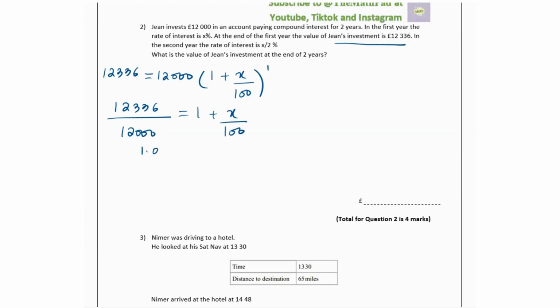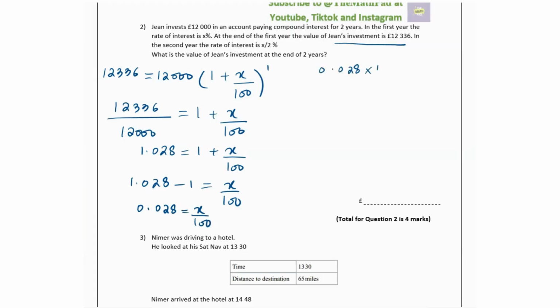That's going to be 1.028. Subtract 1. It's going to be 0.028. Then we times that by 100 to find the value of x. So 0.028 times 100 is going to be 2.8%.